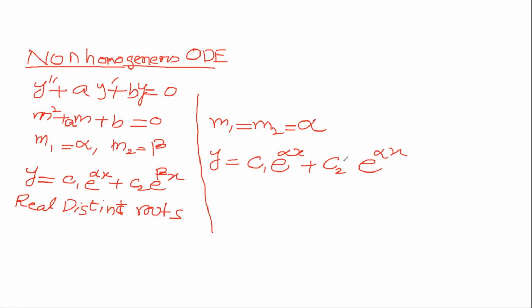From the reduction of order method, we can determine that for the second term, we need to add x. Then this is the real double root case. So this will be the solution when there are real double roots.